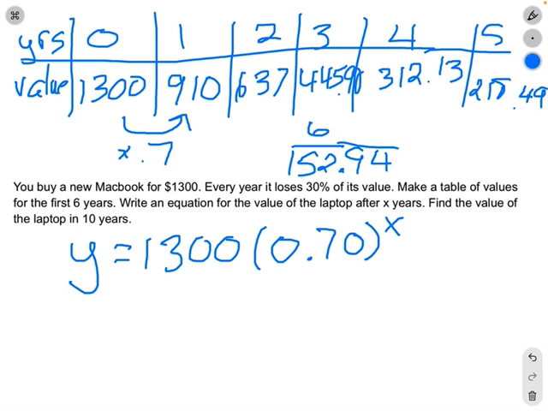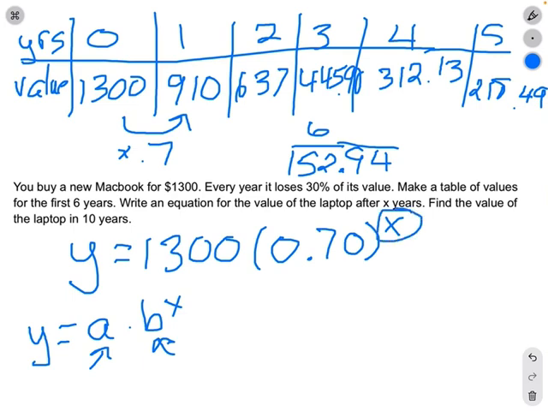So that's my equation. The basic equation for an exponential function is y equals a times b to the x, where a is your initial value and b is your growth factor. What makes it an exponential function is the variable is the exponent. Okay?